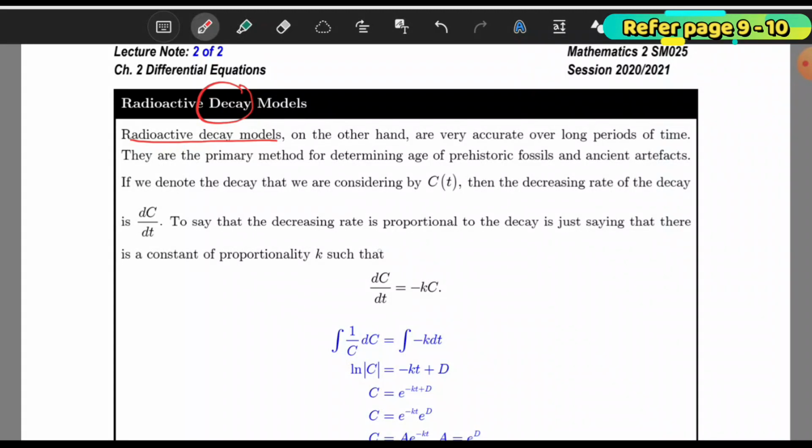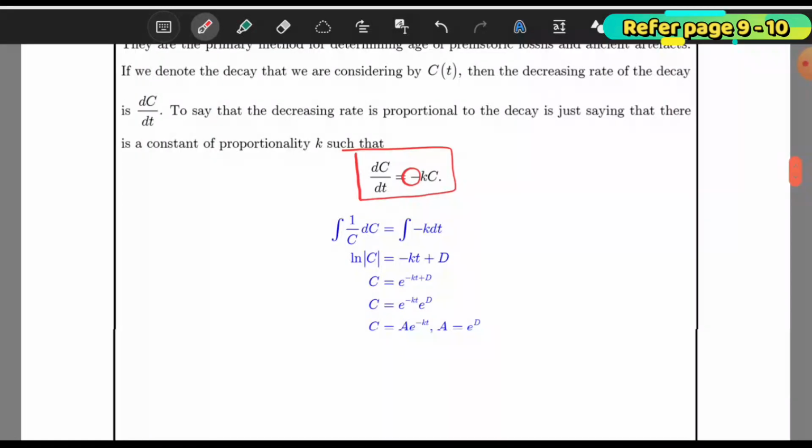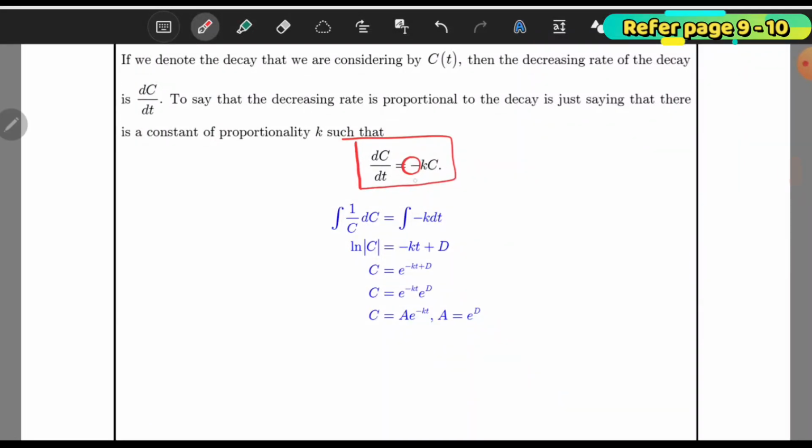So that is why we need to write dC/dt equal to negative k times C, where C is the amount present. By separating the variables, we will get 1 over C dC equal to negative k dt.